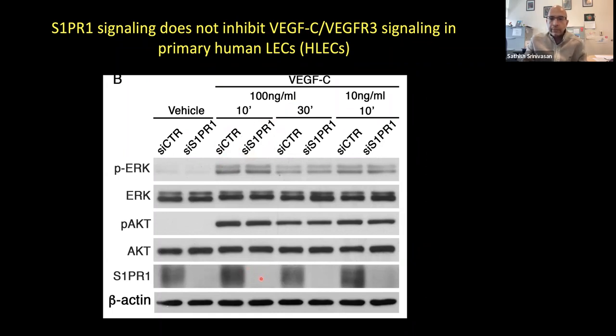As you can notice, S1PR1 levels are reduced in these cells. We treated those cells with VEGF-C, and it activates the molecules that you are very interested in, ERK and AKT. They are activated by VEGF-C. But when we knocked down S1PR1, we didn't see any obvious reduction or change. They looked comparable, and that was very surprising to us.